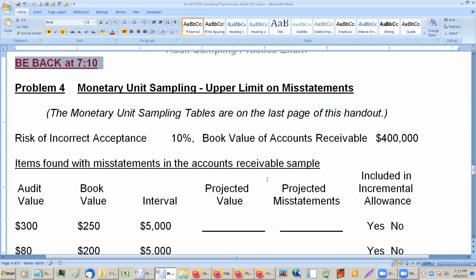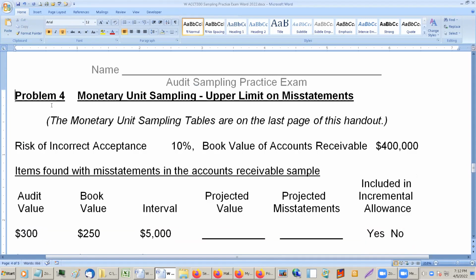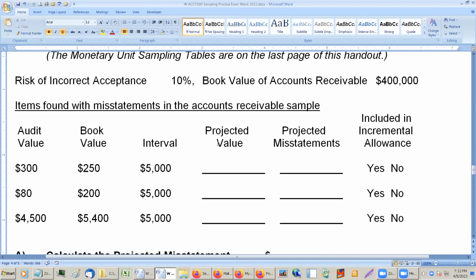Okay, so let's get rid of this. Now, unit sampling. The way this is laid out is pretty much identical to the way it was tested on the CPA exam, at least a couple times, maybe even more.